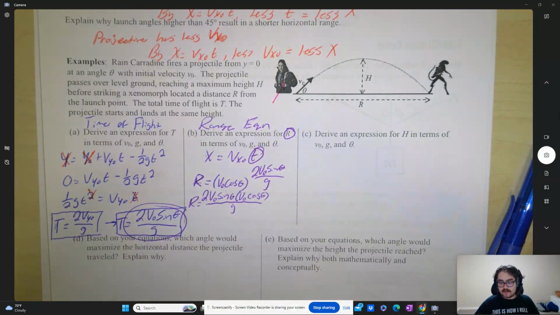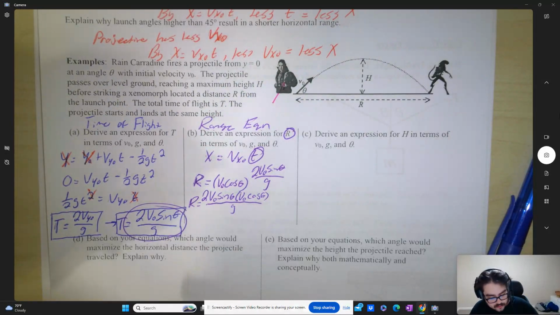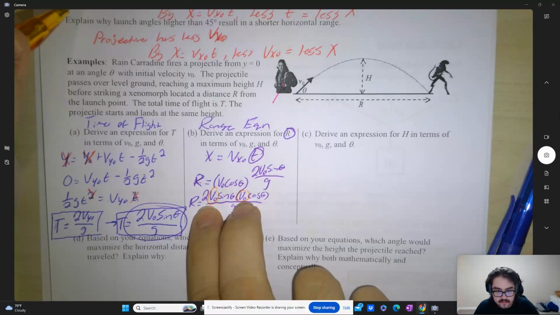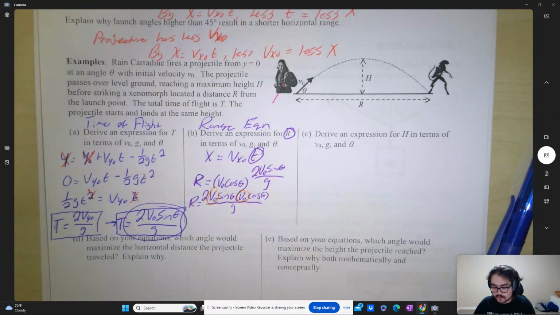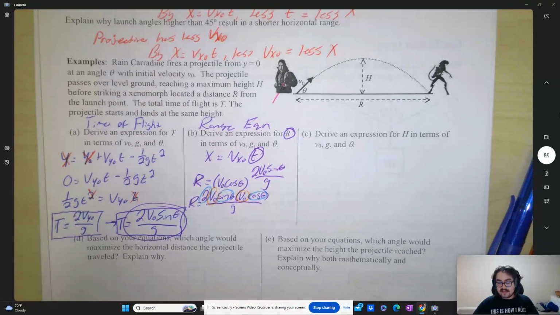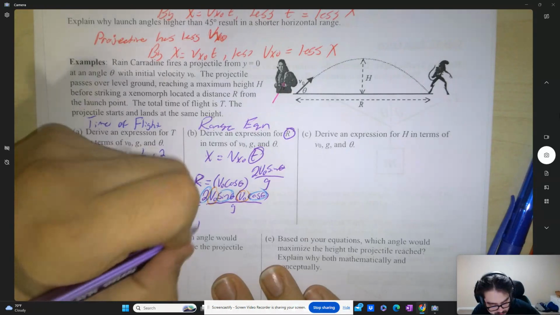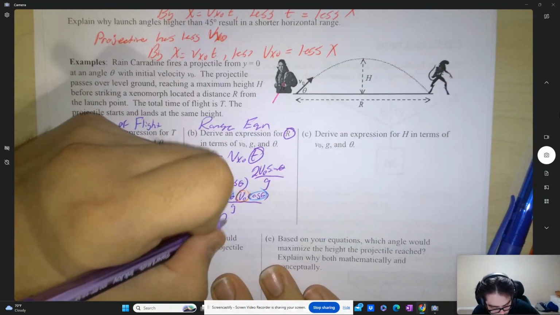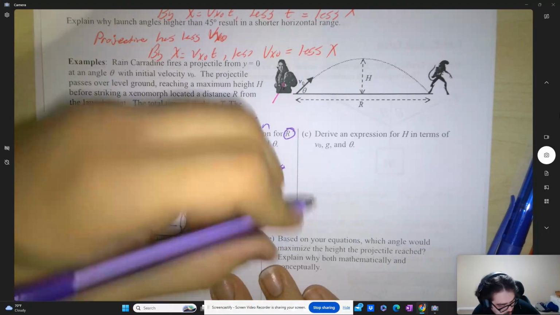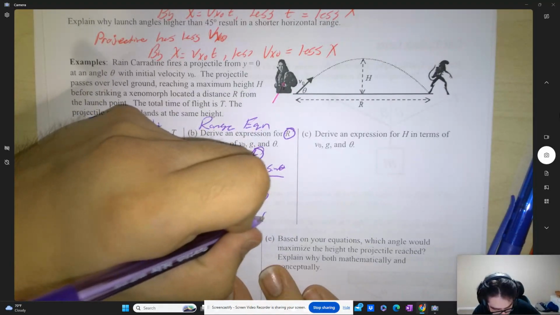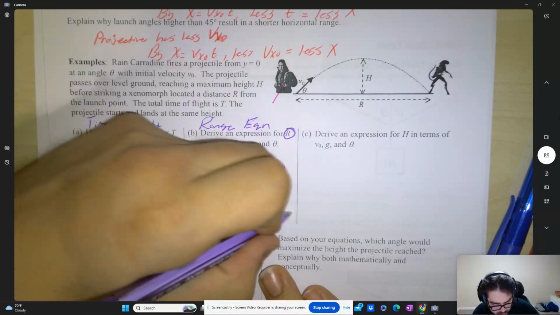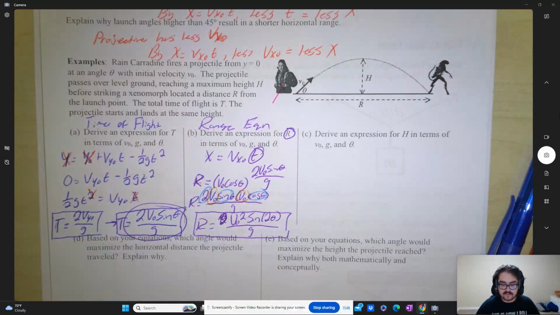There's two things you can do: v naught, v naught, we can condense them into a square by multiplying them together. But you also should recognize that you have 2 sine theta cosine theta. That's a trig identity right there. And you end up getting v naught squared sine 2 theta over g. And that right there is the range equation as I taught in physics 1.